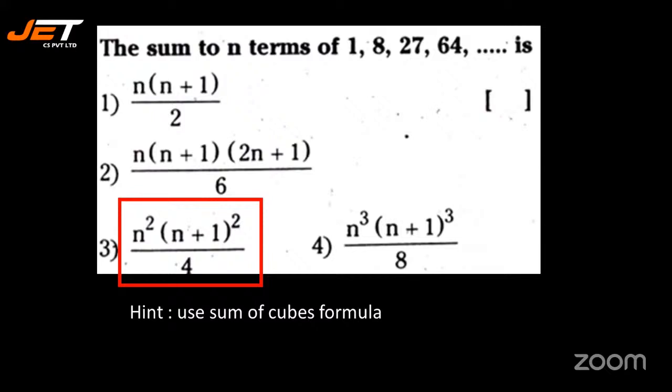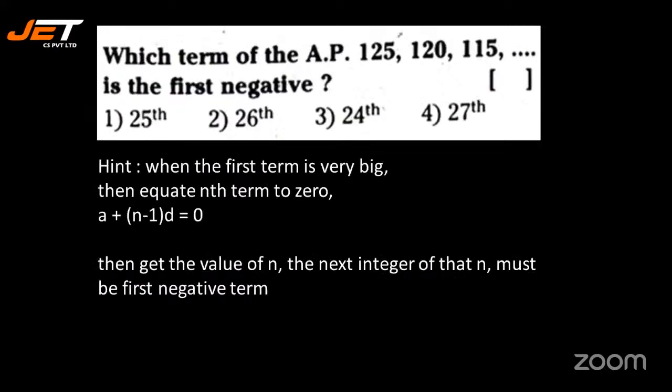Because 8 is 2 cube, isn't it? 27 is 3 cube. 64 is 4 cube. So like that, when you find out, you use the sum of cubes formula: n square into n plus 1 the whole square by 4. All right. Yes. See the next question.